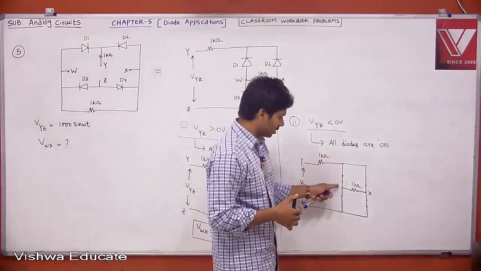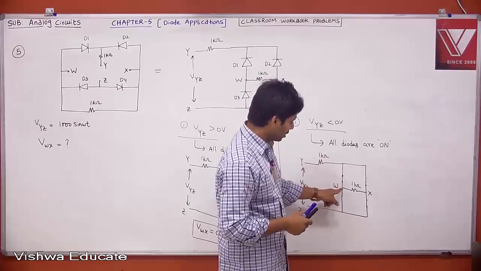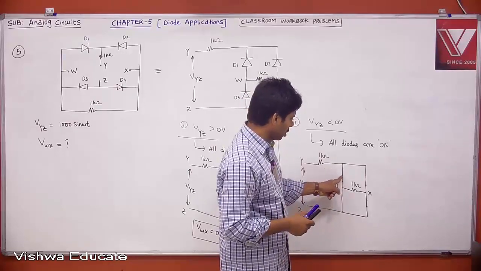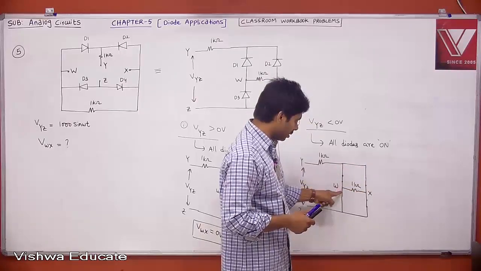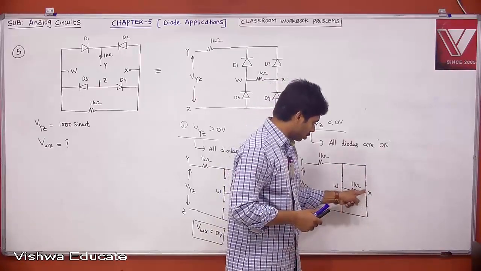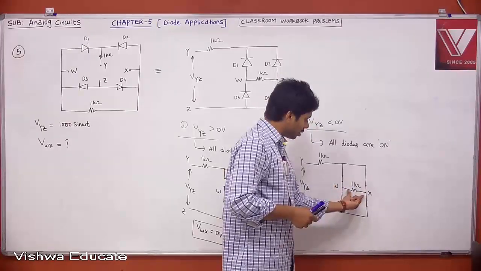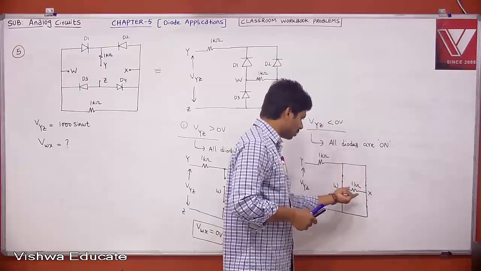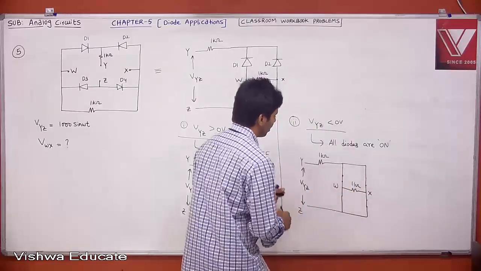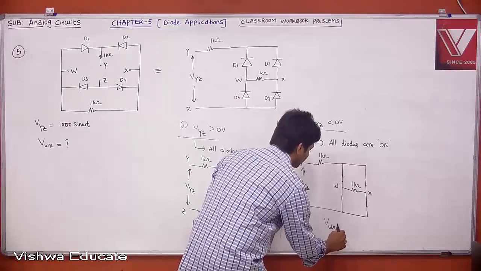This is a short circuit in parallel to a resistor. Similarly, this is also a short in parallel to a resistor. What is the voltage across a short circuit? It is 0. So if all are on, VWX is also 0 in this case.